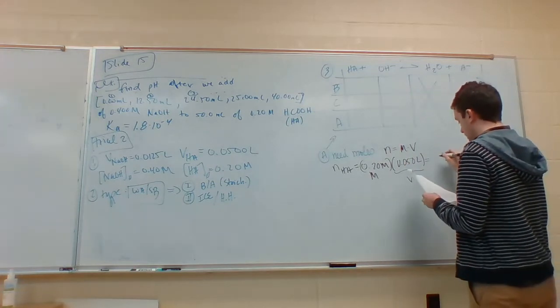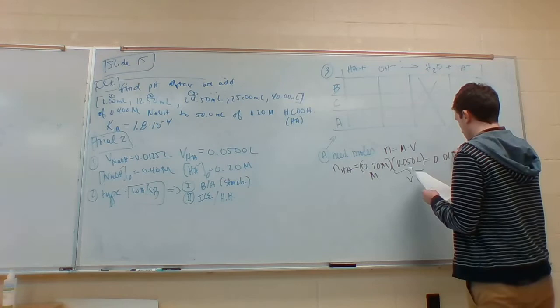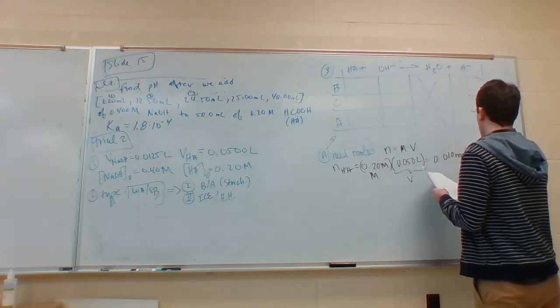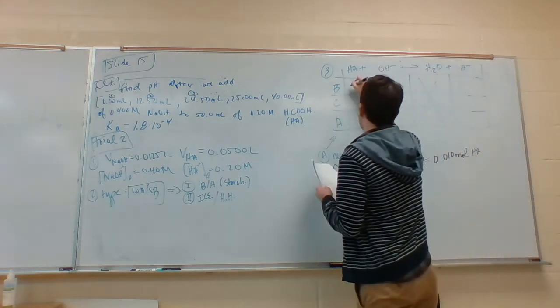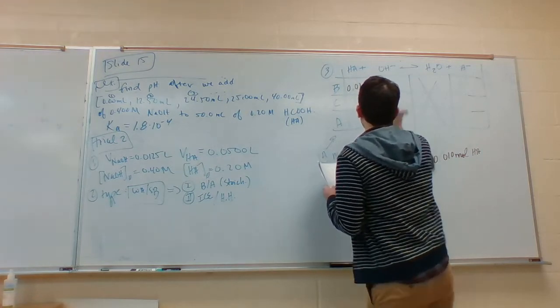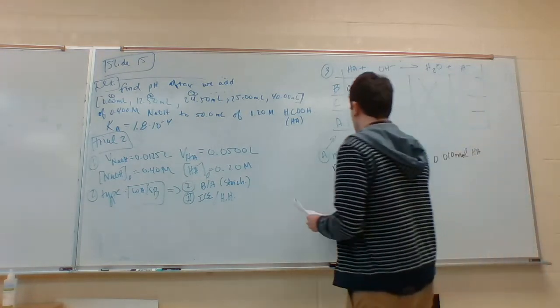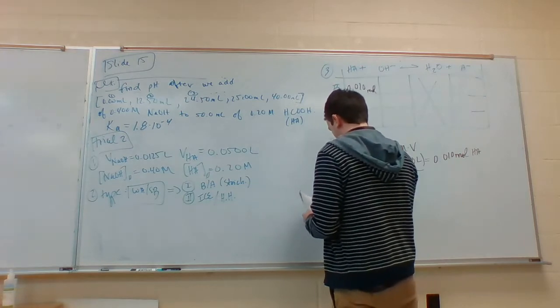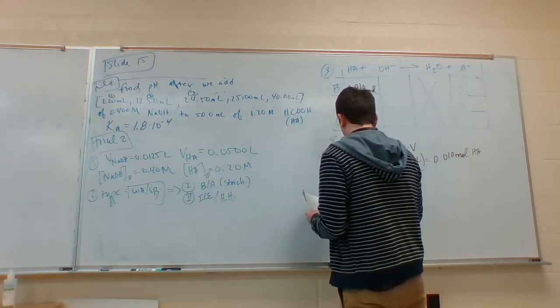That will give us our number of moles as 0.010 moles of HA, which I can then put into my table, 0.010 moles.